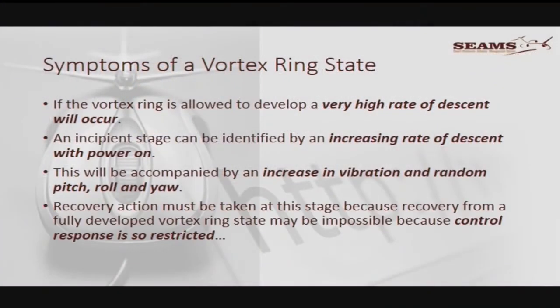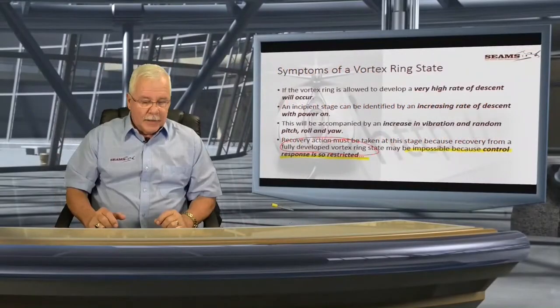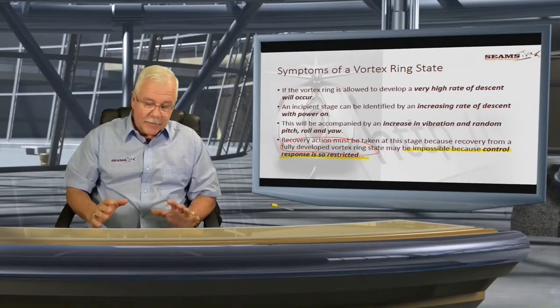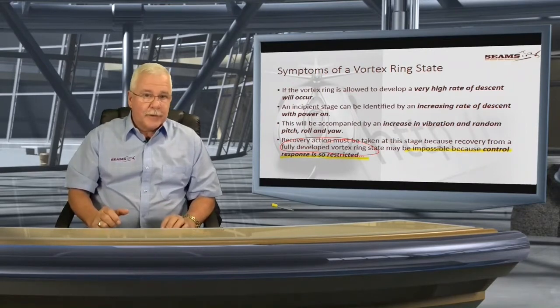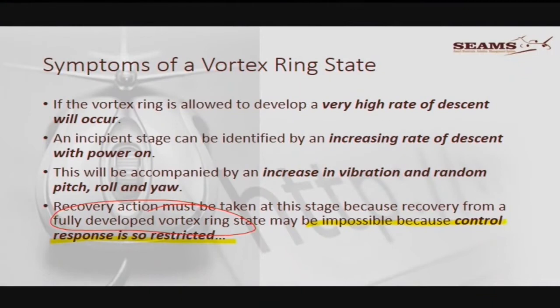The recovery action must be taken at the early stage, because recovery from a fully developed vortex ring state may not be possible due to control response that is very restricted.